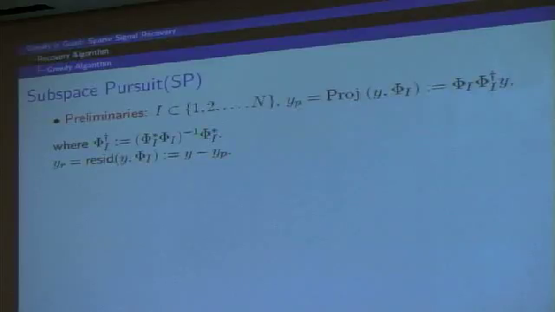Okay. The projection of y onto this matrix is defined as phi I multiplied by phi I dagger, the pseudo inverse of phi I, multiplied by y. So actually, we make the projection of y onto the span of phi I. Okay. And the residue here is y minus the projection.